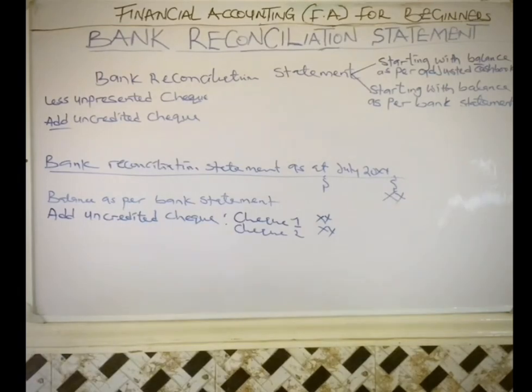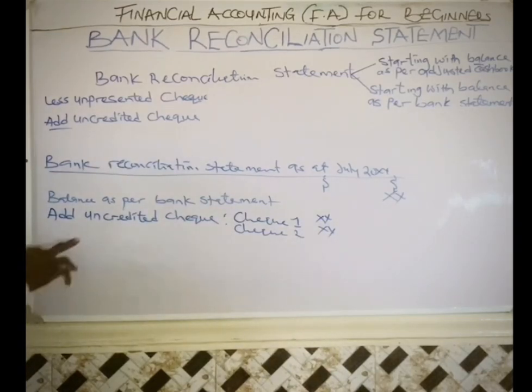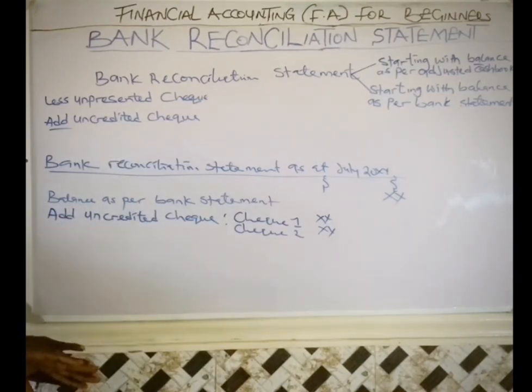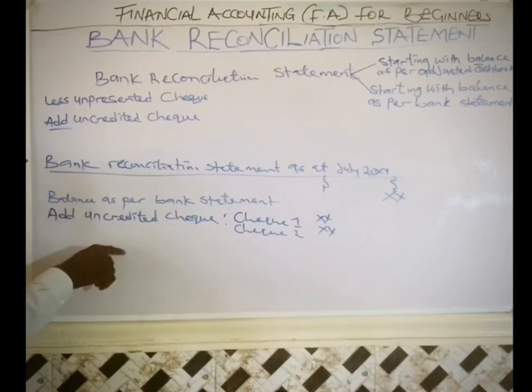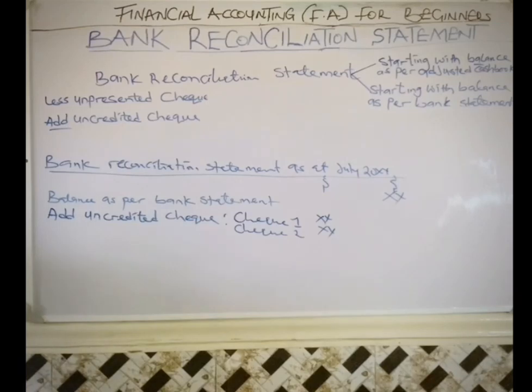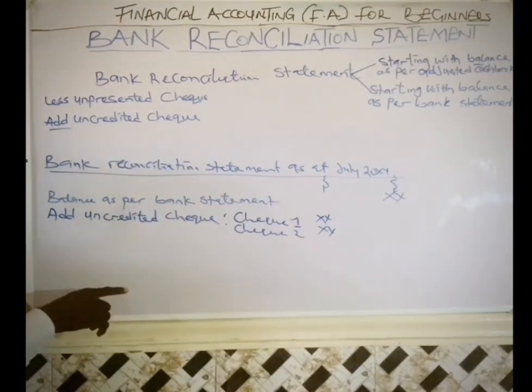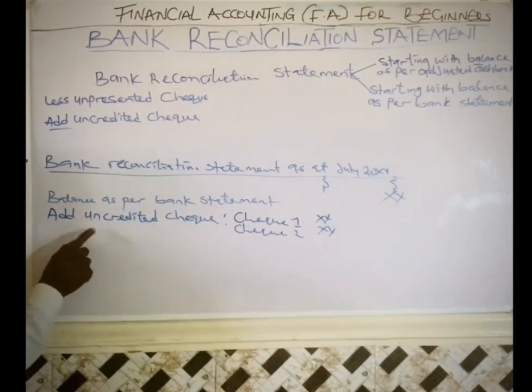As I've said, uncredited check will always move with wrong debit. The opposite will be moving, not wrong credit. It will be wrong to use wrong credit with uncredited check. So since we have mastered that if it is uncredited check, wrong credit will never come, it is wrong debit.